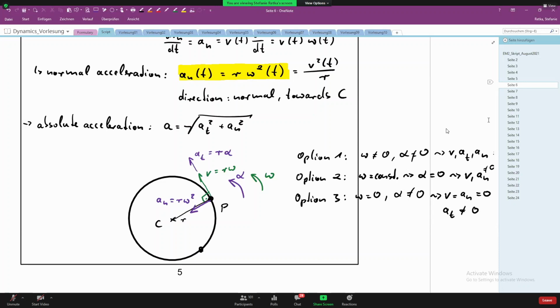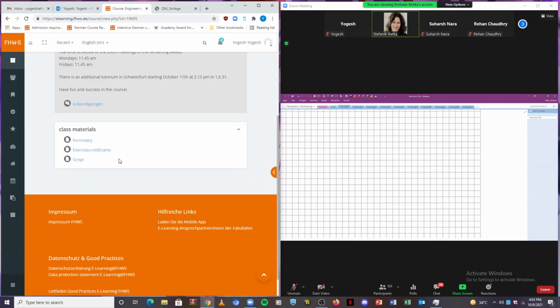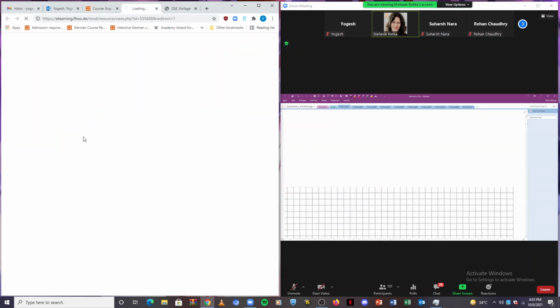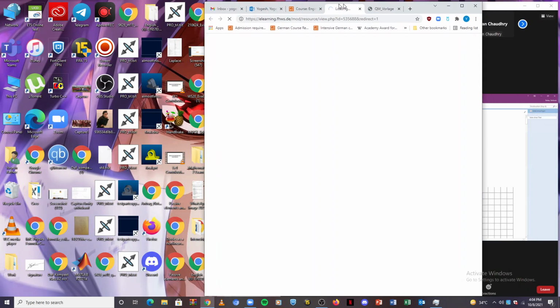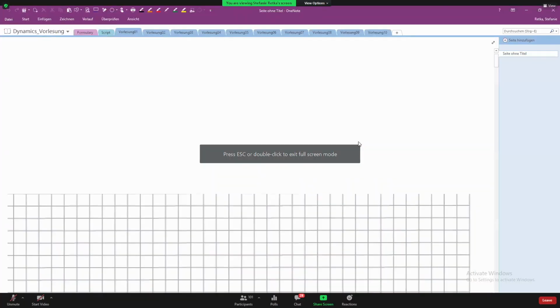Okay, let's have a look at the small exercise from your exercise book, the very first problem, exercise 1.1. What situation do we have?